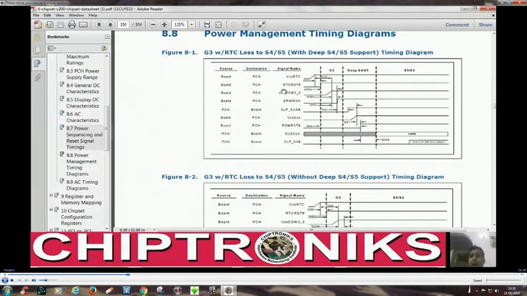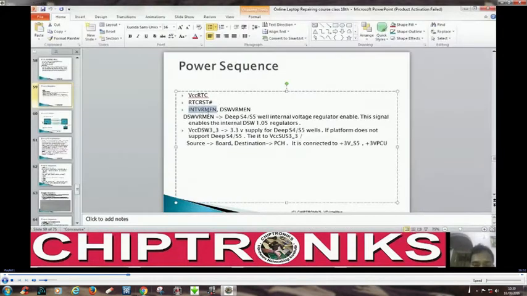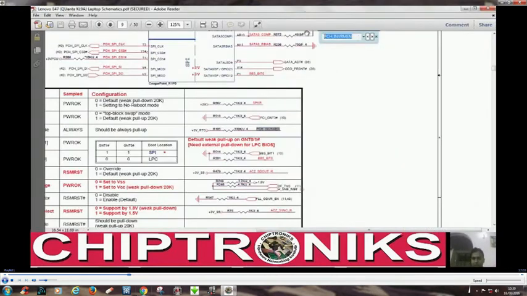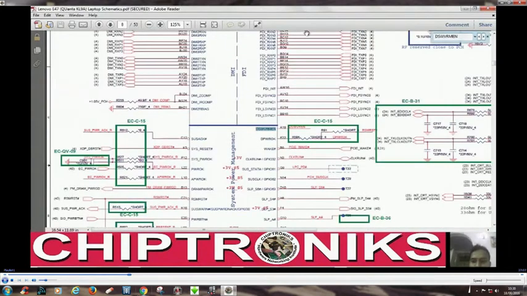VCC RTC, RTC RST has, INTVRMEN and deep sleep well VRMEN, DSW VRMEN. You can search on this also, since this was introduced only in HM67, the DSW deep sleep well voltage regulator enable, and you can see where it is connected, DSW VRMEN.